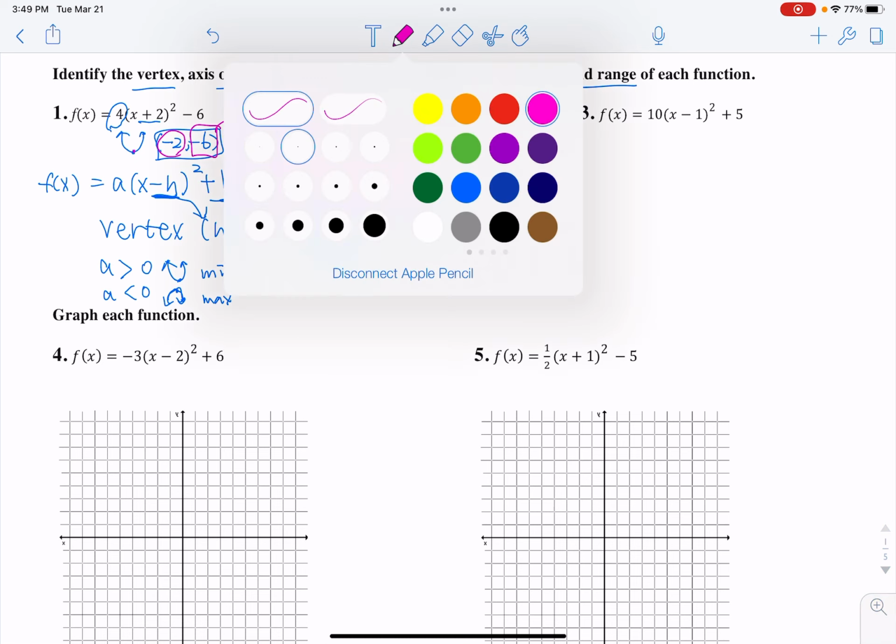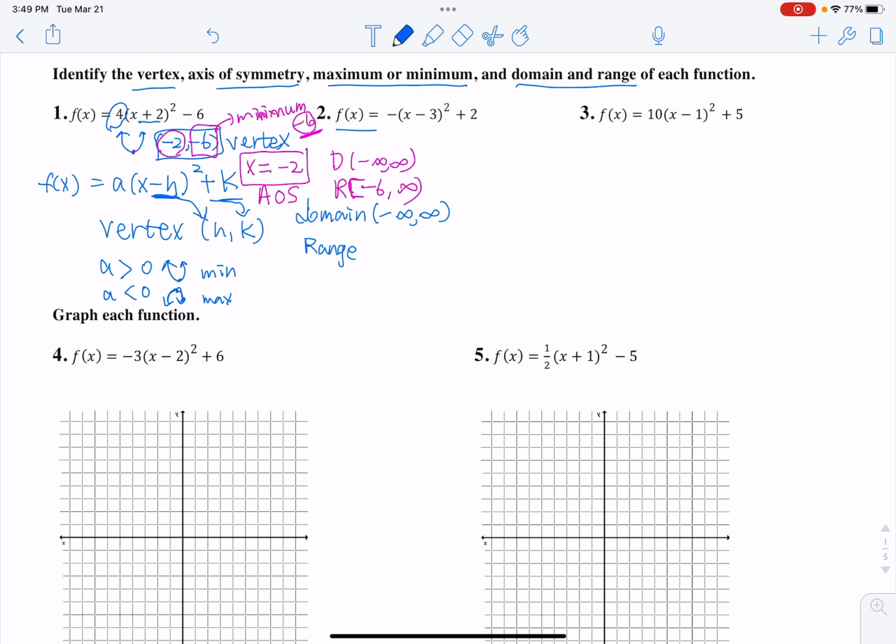And for number 2, the a value is -1, which is negative, so it opens downward and will have a maximum. The vertex will be (3, 2), and the x value represents the axis of symmetry, which is x = 3.